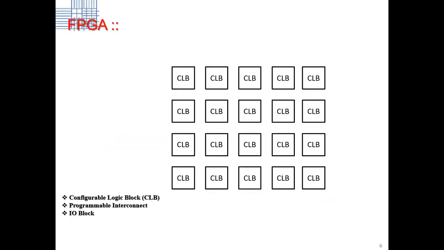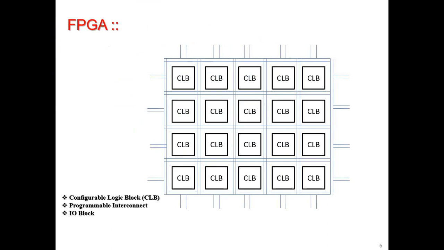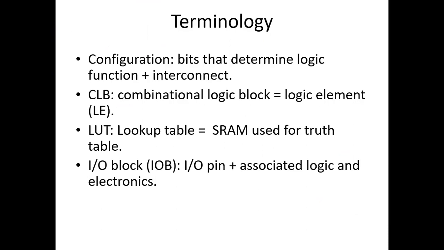Now we look at the FPGA circuit. Suppose the CLBs are here, this is the programmable interconnect, and this is the IO block. Now the terminology you have to know.